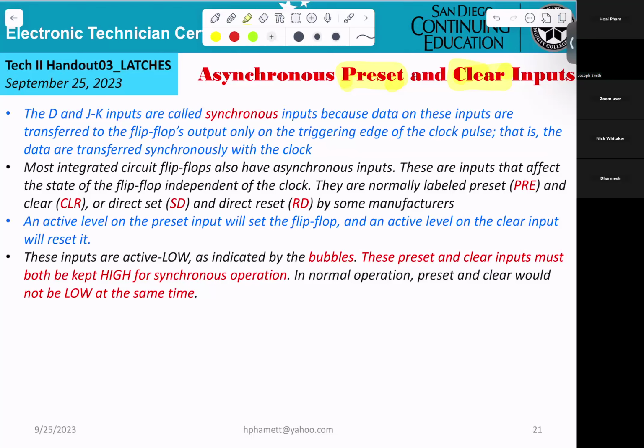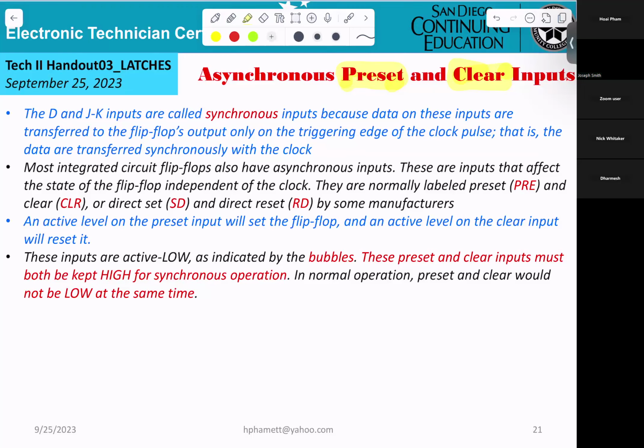If you set both preset and clear equal to 0, the flip-flop doesn't know what to do. If preset is 0, clear must be 1. If clear is 0, preset must be 1.